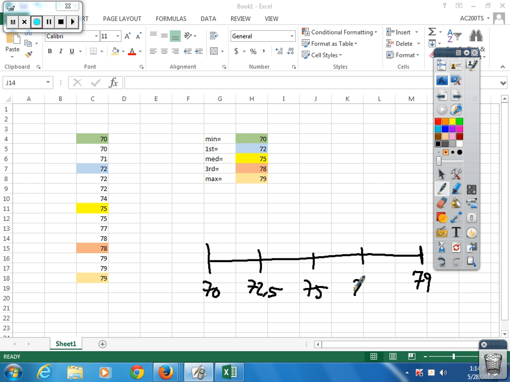That'll be 77.5. And then this will be 71-ish. This will be 73-ish. This will be 76-ish. This will be 78-ish.